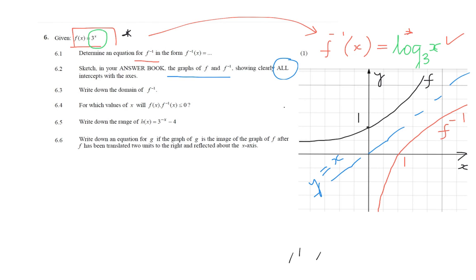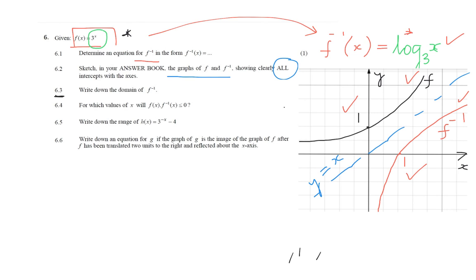You do not have to draw this line if you're not asked to, but it shows you that they are reflections of each other along this line. You have to label your y-cut and show that it's an increasing function for f. You have to label your x-cut and show that it's an increasing function for your logarithmic function, the inverse. Okay, back to the questions.